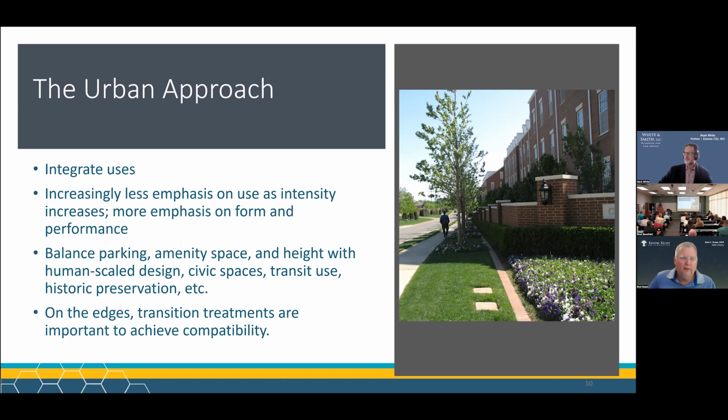And all those things relate to how we deal with parking, where it's located, what type of amenities there are, how big the buildings are, where they sit on the lot, how we think about designing these around a human scale. So they're not just massive buildings that have no relationship to the sidewalk or passersby, civic spaces, and all these types of things that are considered and built into these districts.